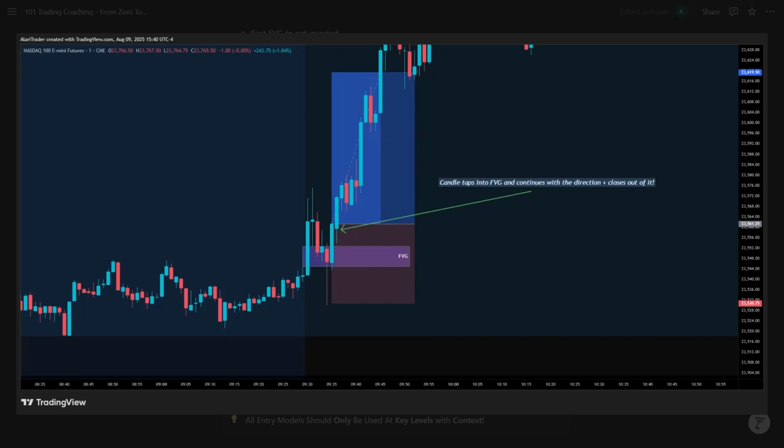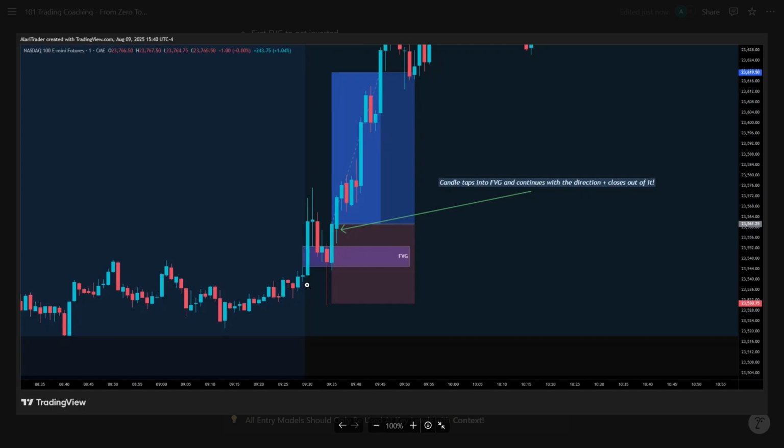What do you mean? Like when you said you wait for the candle after it taps into the fair value gap to follow the direction of the candle that had the fair value gap. Yes. So for this example, let's say you hit the bullish key level. So that's obviously number one. That's the context. You have a bullish key level that's been hit.